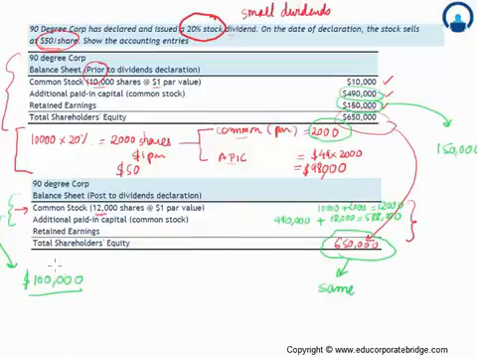We reduce this addition of common stock and additional paid in capital from the retained earnings side. So the new retained earnings will be $50,000, and the sum total will be 650,000. This is how the adjustment can be done for small dividends.